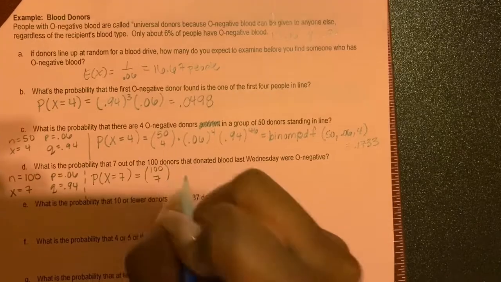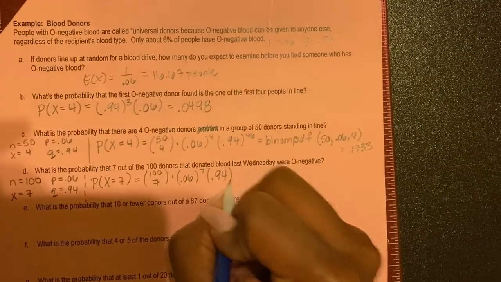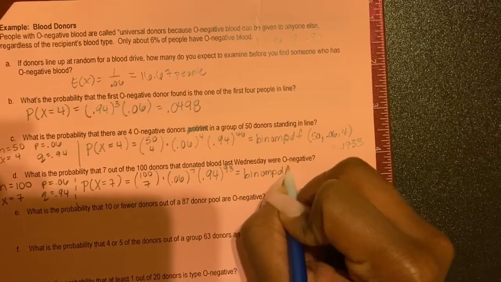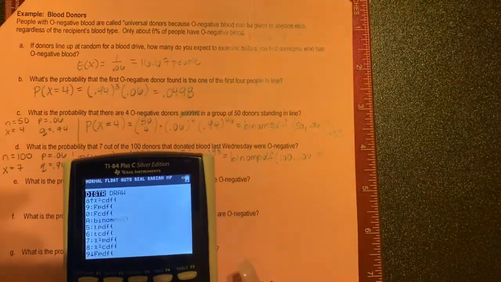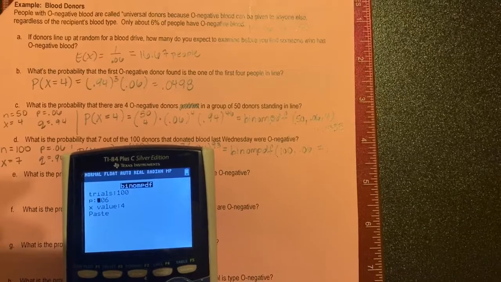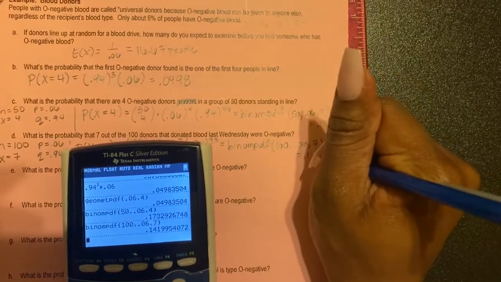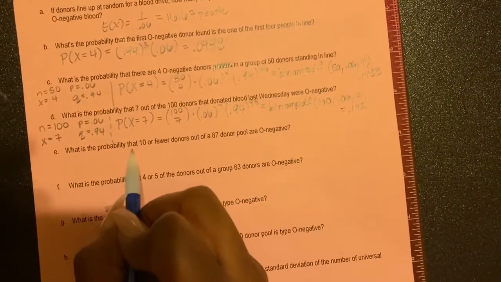So that's why we practice writing it out. Okay, and so this value is 0.142.